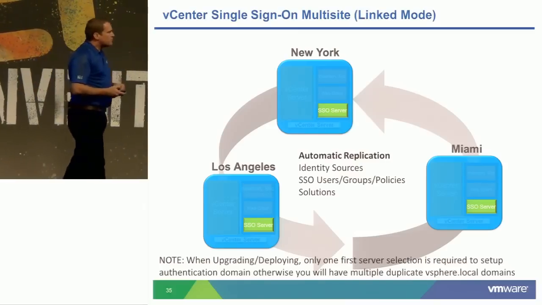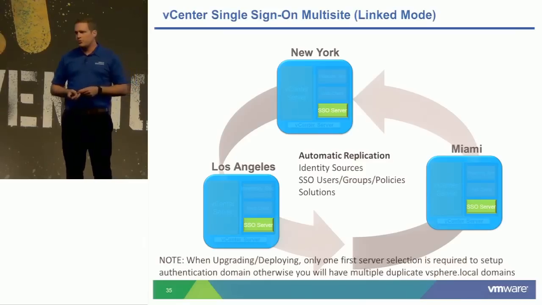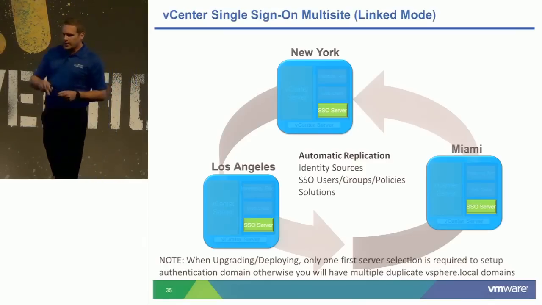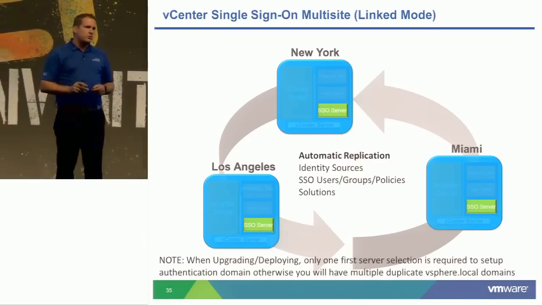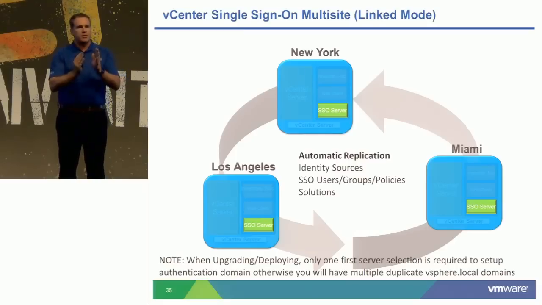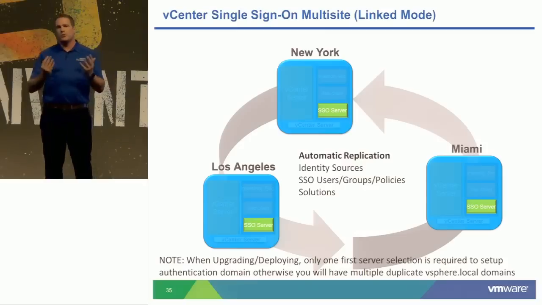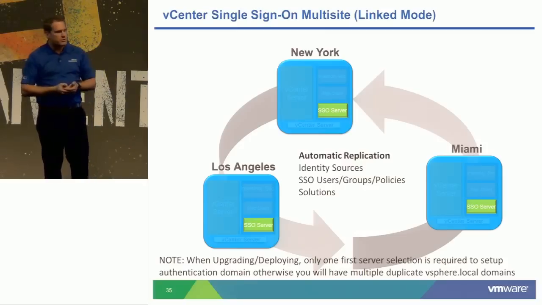The one thing I want to just point out here is we have a simple installer and a custom installer, which we talked about. Today, if you do run the simple installer, you don't get the option to add to an existing SSO pre-populated vSphere.local. It'll only go through the basic node where it creates that. So if you do 2 VCs with the simple installer, you have 2 duplicate security domains.